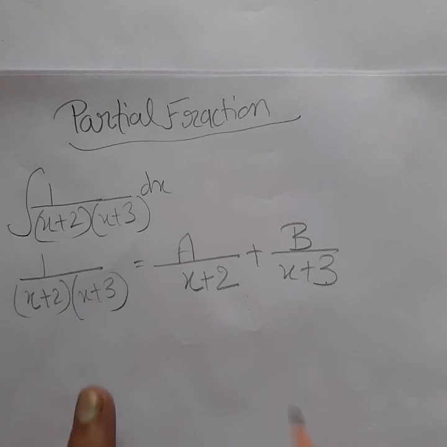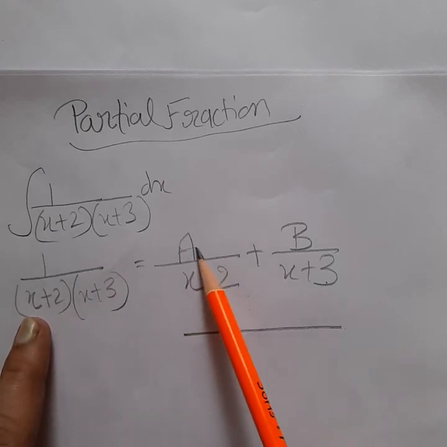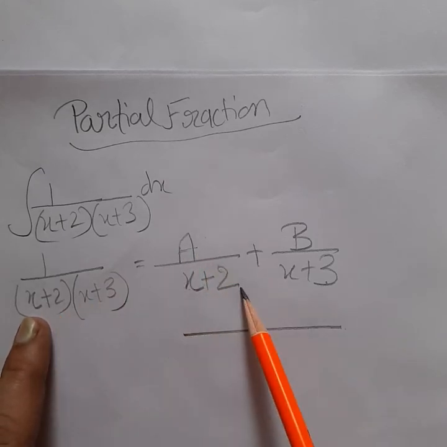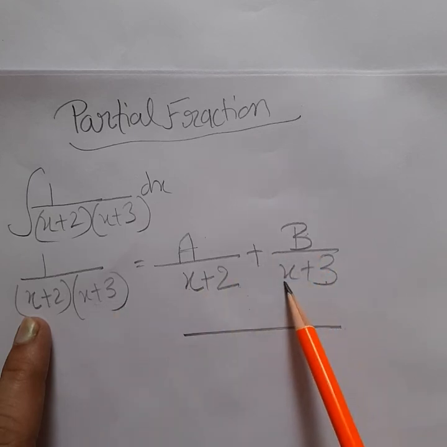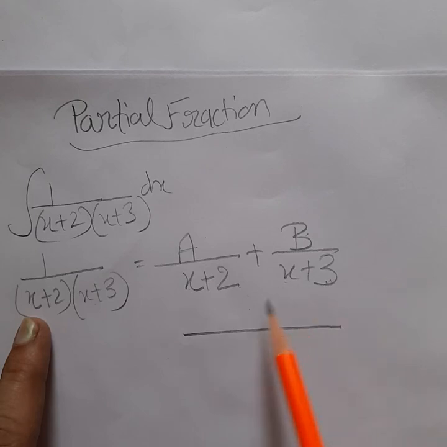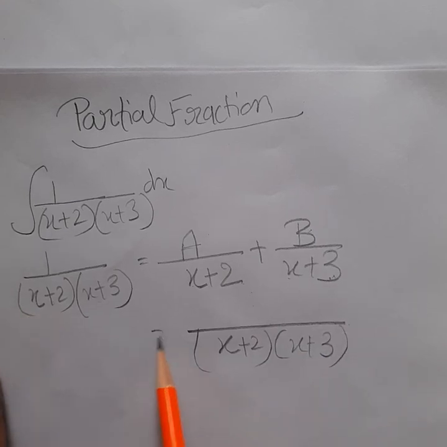Now we take the LCM. We write the first bracket as a upon x plus 2, and the second one as b upon x plus 3. Now we take the LCM as (x plus 2)(x plus 3).